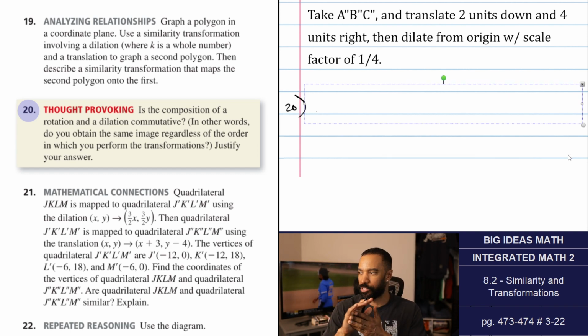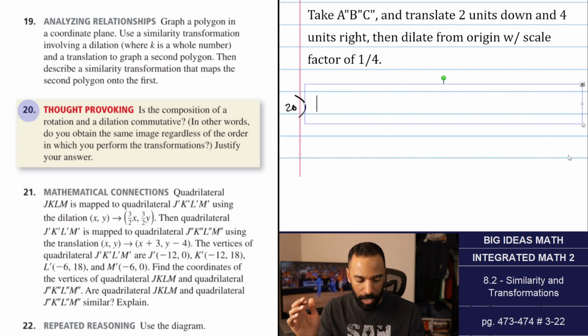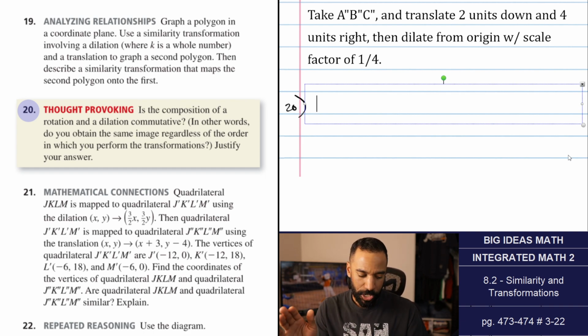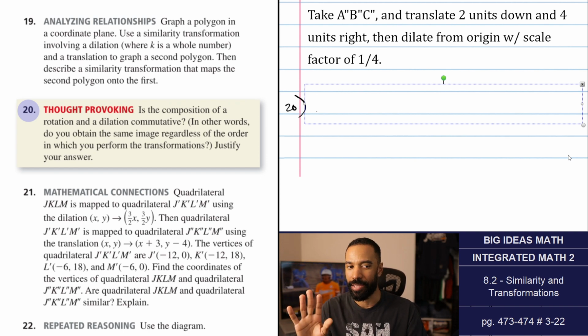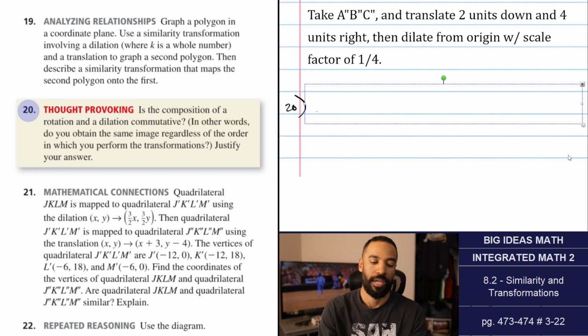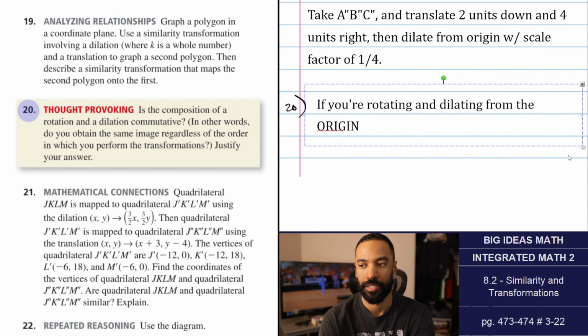It says justify your answer. My justification is in multiplication. Rotations, this depends if you're dilating from the origin and rotating from the origin, by the way. If you're rotating and dilating from the origin, then yes.